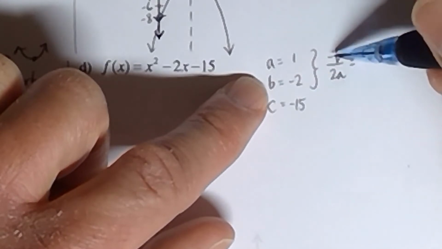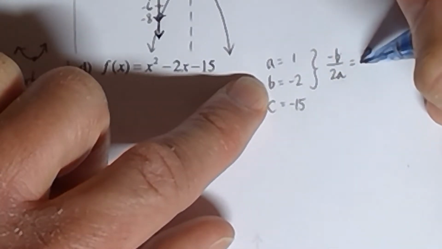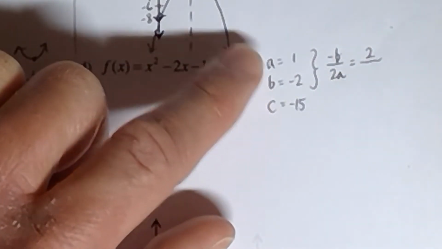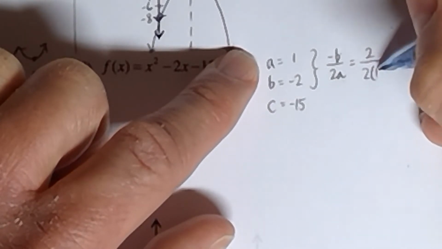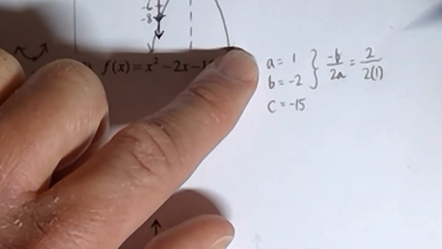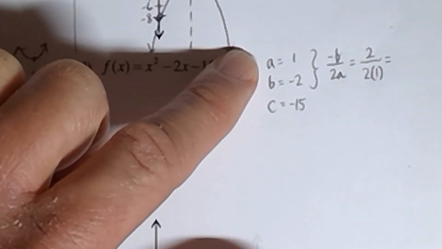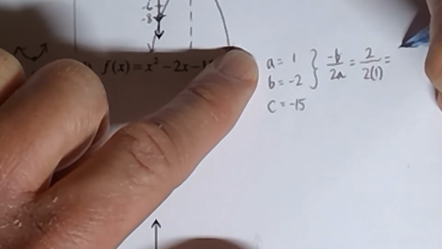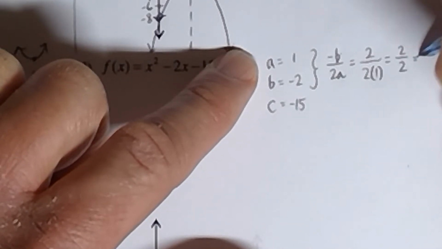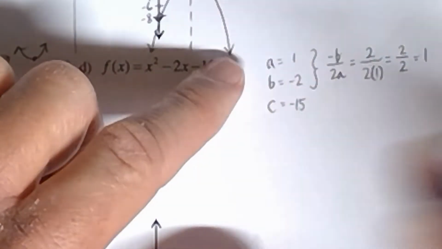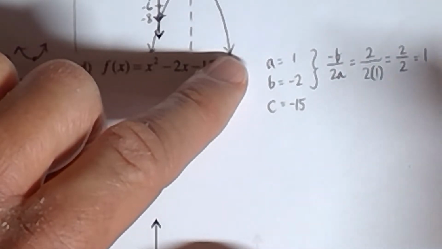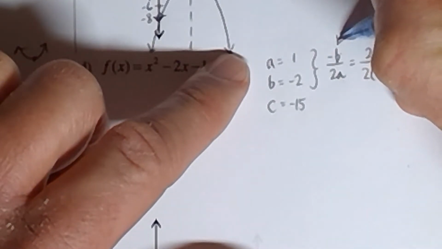You just change the sign to figure out -b, and so that gives you 2. And then on the bottom, we did 2 times 1, didn't we? What is this fraction equal to? Figure out what the top and bottom are equal to first. There's no variables getting in your way, so do that. And then that's 1. Now that's the H. That's the H part of the vertex.